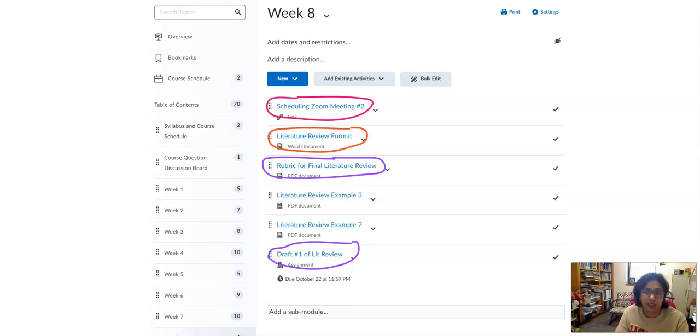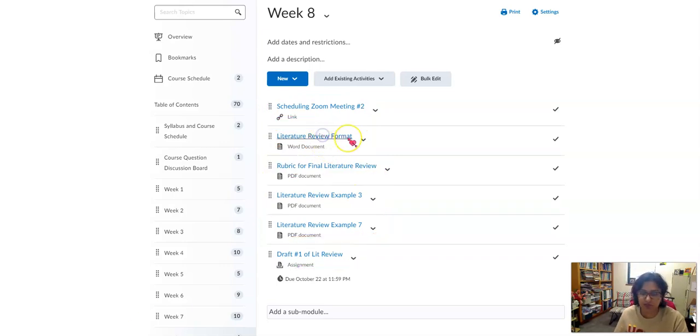You are only allowed 2 direct quotes throughout the paper. 2 direct quotes is all that is allowed. And I'll go over it in just a minute. I have also put in examples of literature reviews for you to see so that you know what they look like. So let's look at the literature review format.